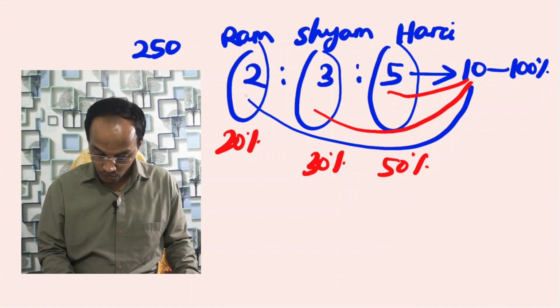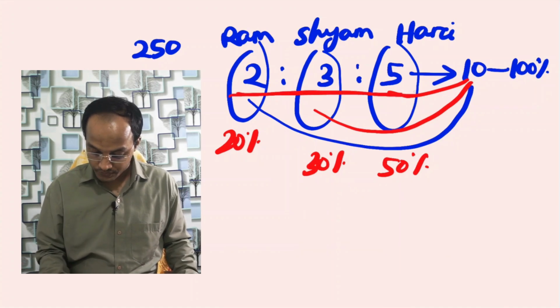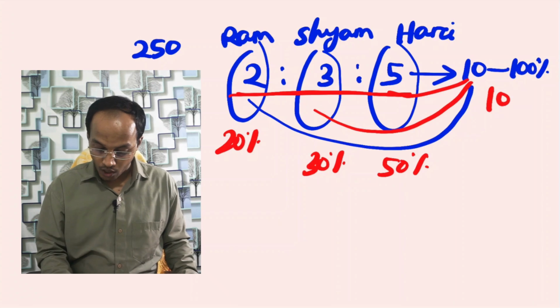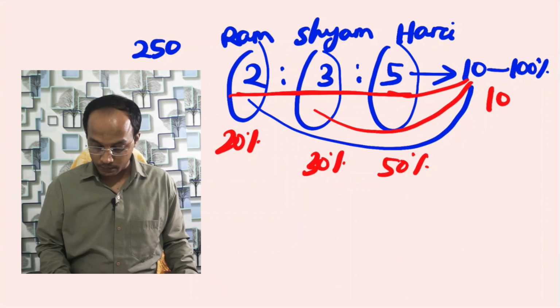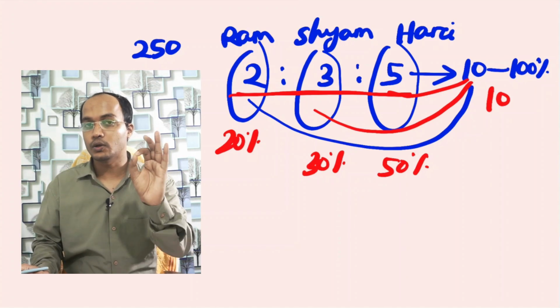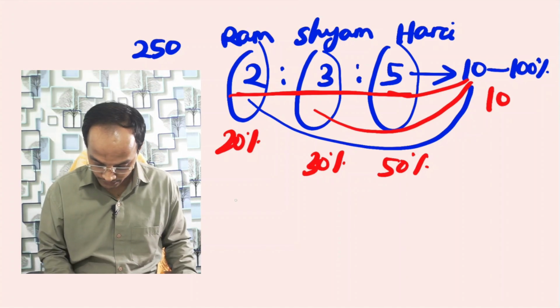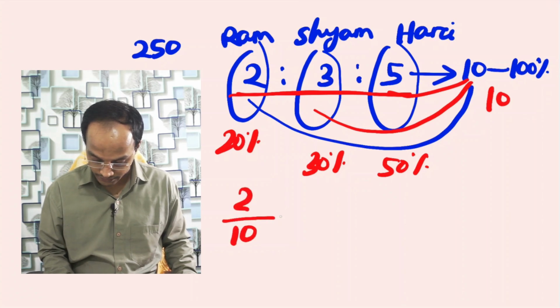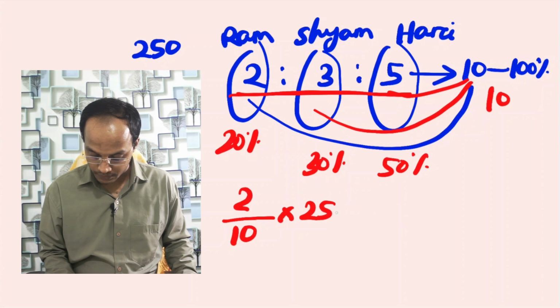We can get this directly. Next, total is 10. So how much does Ram get? We can find out in different methods. First I am discussing one simple method. For Ram, 2 out of total 10 into 250.